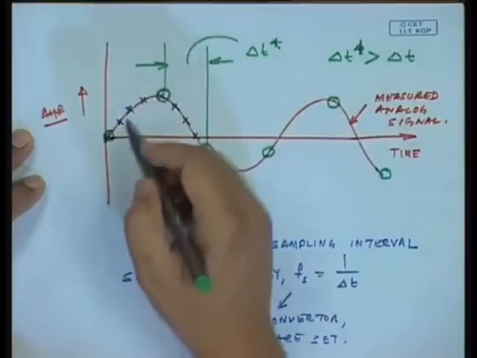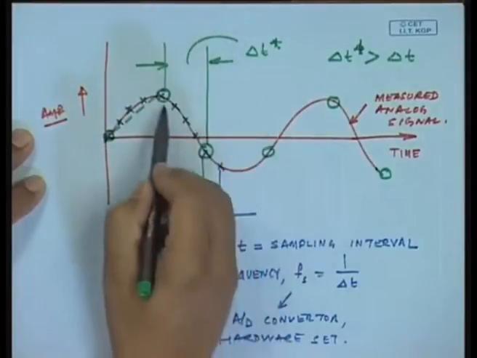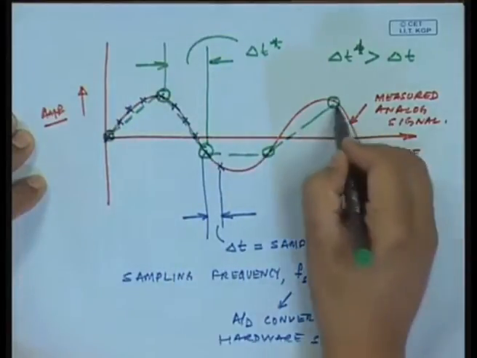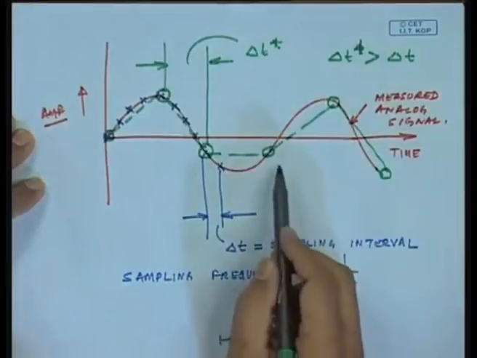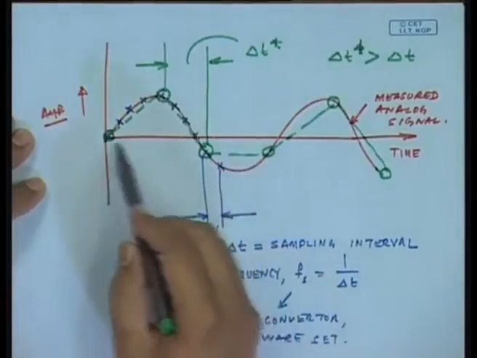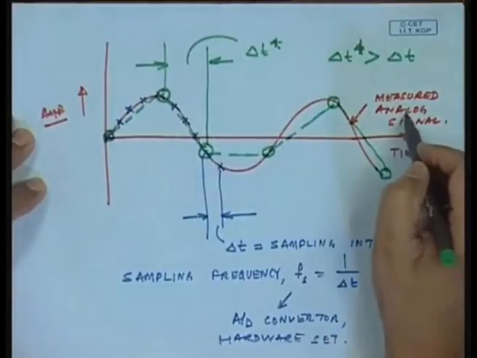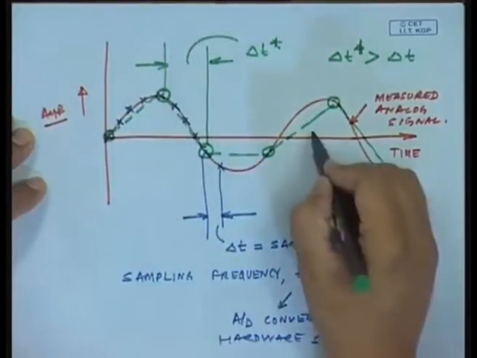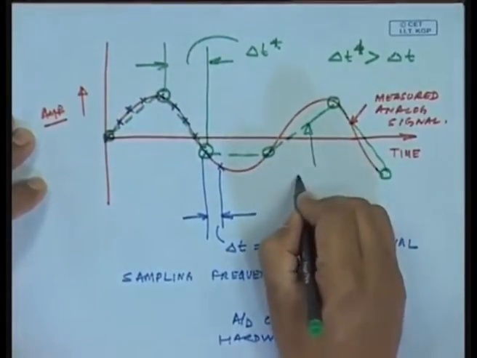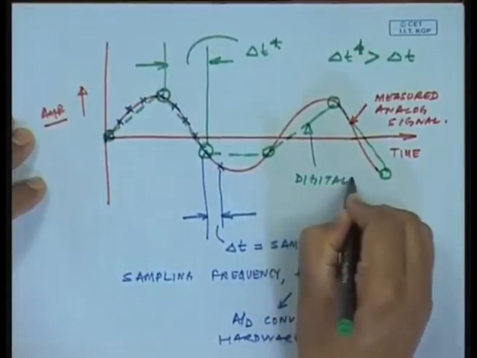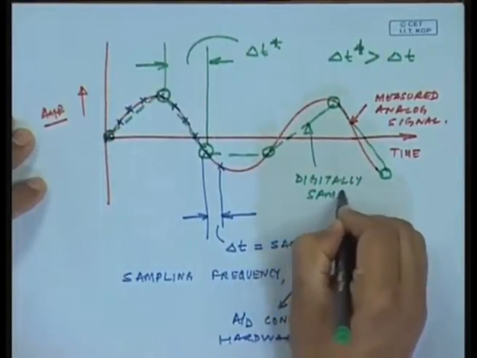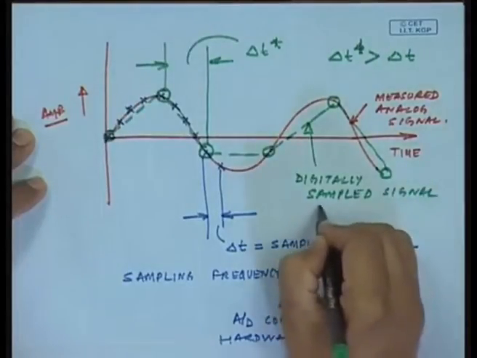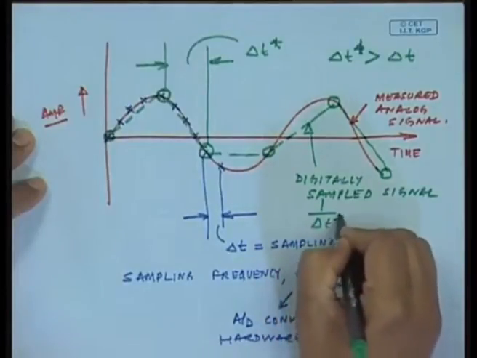So, what my computer is going to understand is, it is going to assume that there is no other data points between these two successive green samples, and thus the computer will interpret the original measured analog signal shown in red, by this green signal. So, this is my digitally sampled signal at a rate of 1 by delta t star.